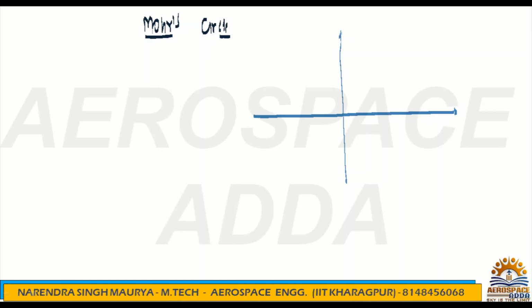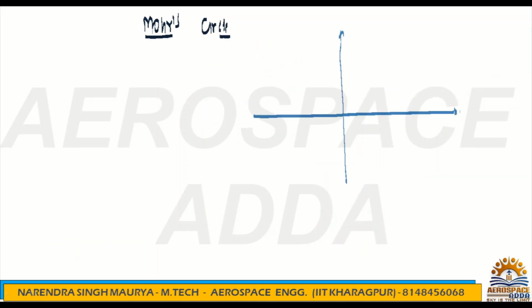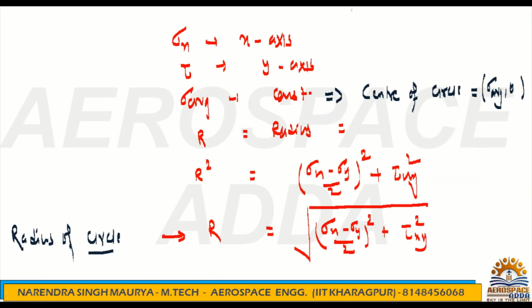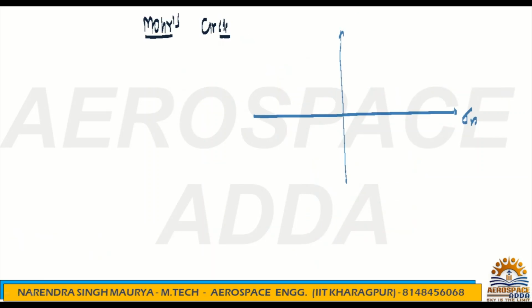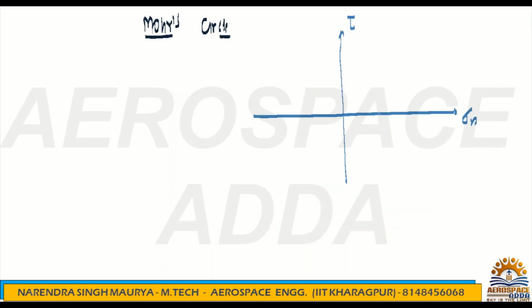On x-axis, just now you have seen it is nothing but sigma n, the normal stress. On y-axis, it is nothing but tau. Just now you have seen this is the tau. And we have to see the center is sigma average comma 0, means y value is 0 and x value is sigma average. So I can say this is sigma average comma 0, means this is the center of the circle.